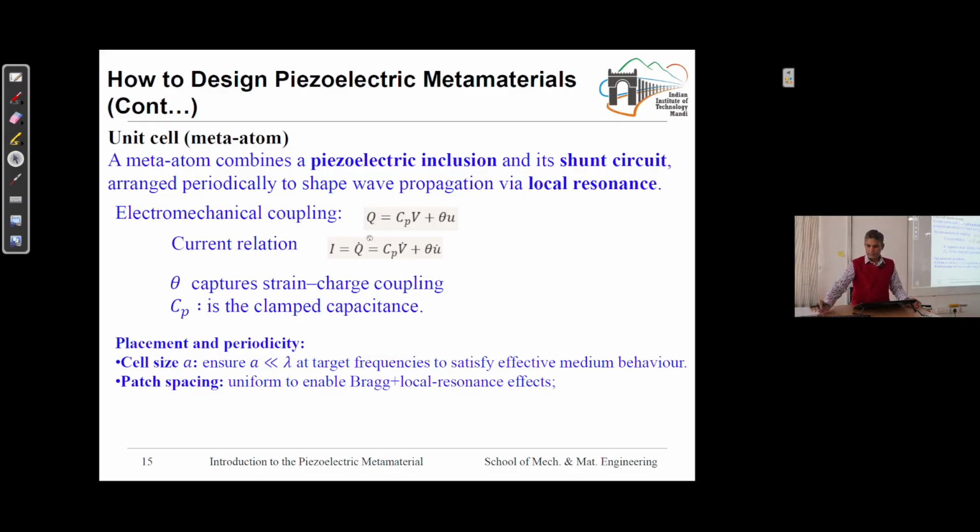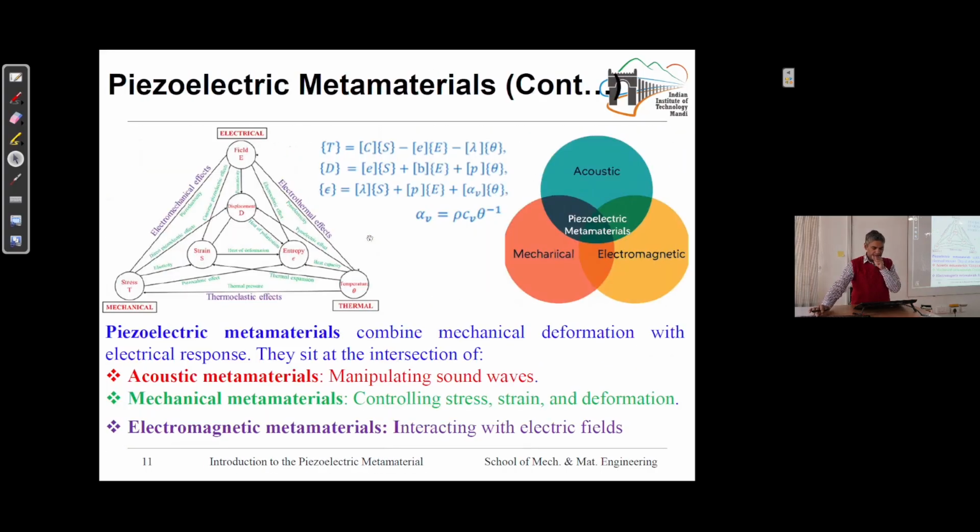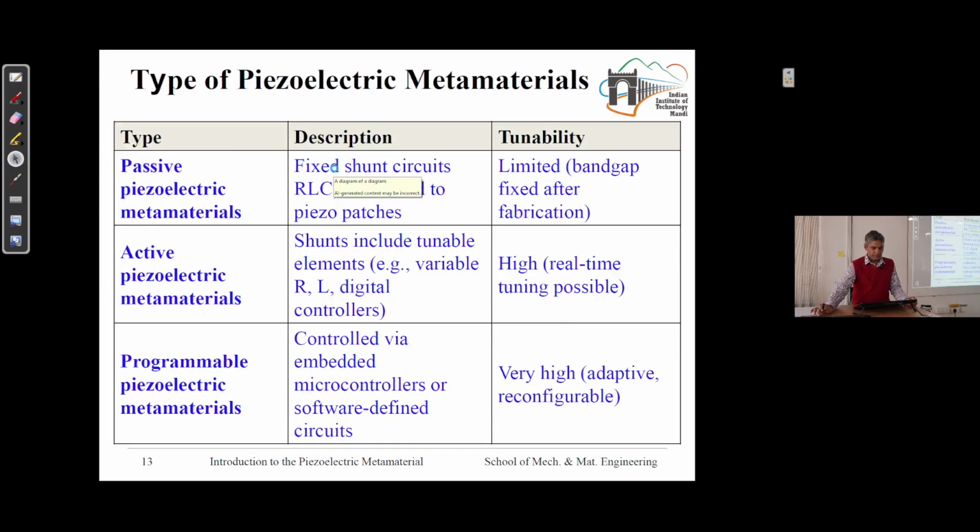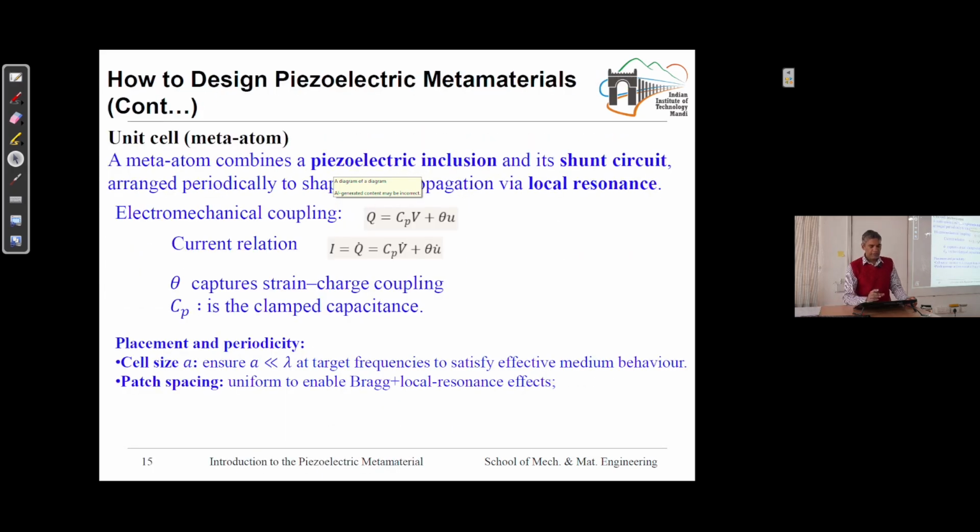So these equations which I have written here are actually for 3D. The first equation is the direct piezoelectric equation, Q = Cp V + theta U, which is for the one-dimensional case.